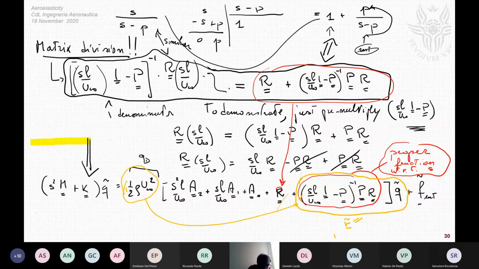So we have R is defined to be equal to dynamic pressure by the denominator S L over U infinite I minus P to the minus 1 P R Q.